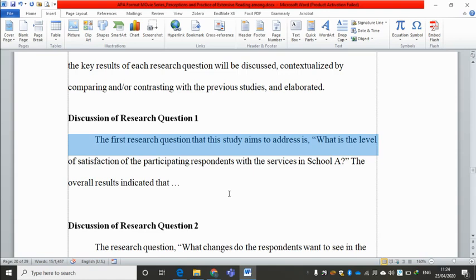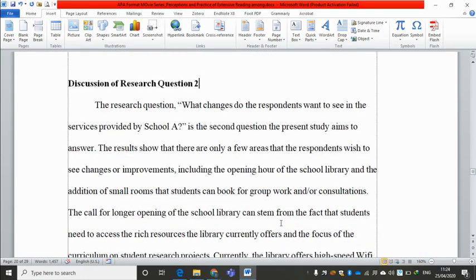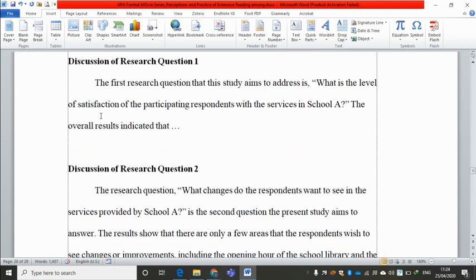It's good to repeat the research question here before you present the key results, and then you discuss the key results or the key answers to the research question. So for discussion of research question 2, I have prepared quite detailed information. I don't have quite detailed information for discussion of research question 1.